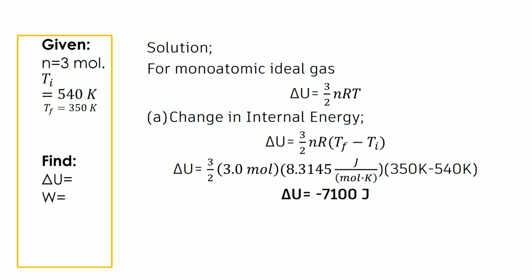After calculating, we now have the change in the internal energy of the ideal gas to be negative 7,100 joules.